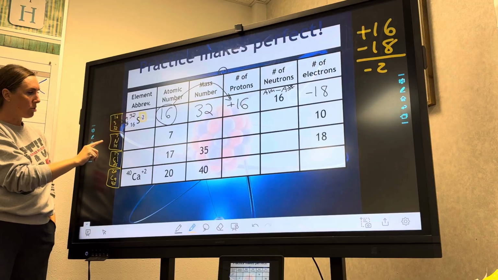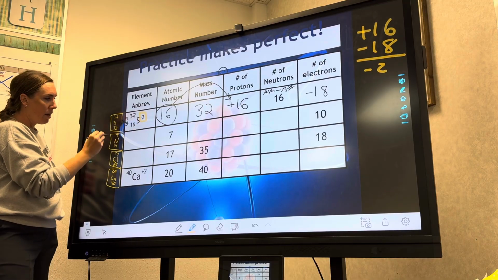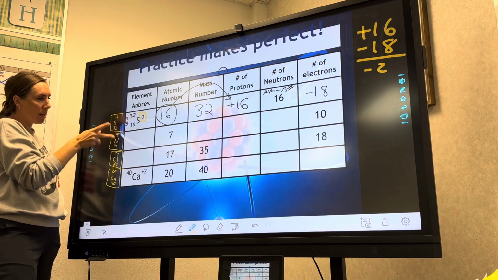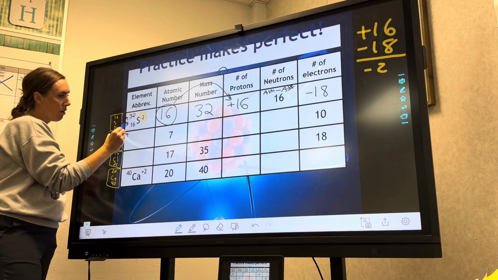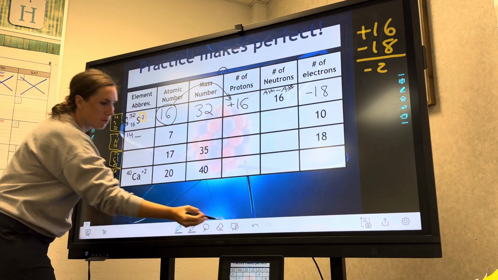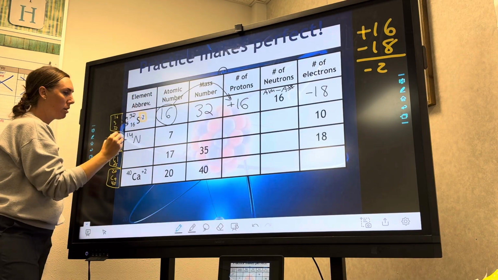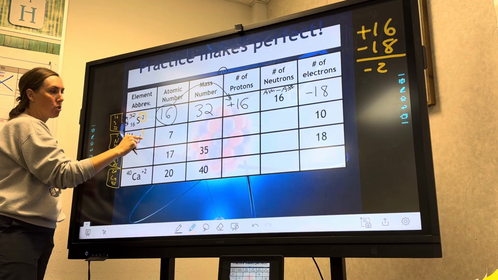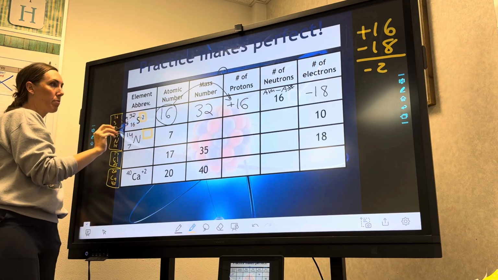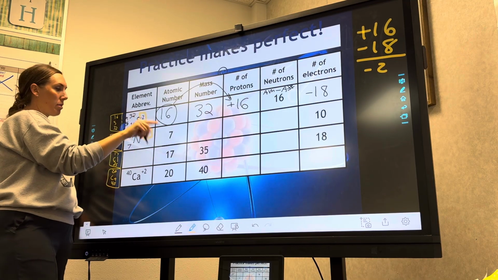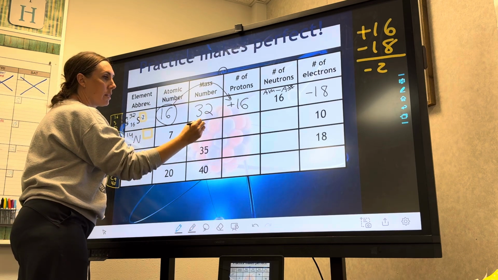Okay, so let's do this next one. So we have 7 nitrogen 14, but we got to flip it. 14 nitrogen 7. And we do not know what the charge is yet. My atomic number is 7. My atomic mass is 14.